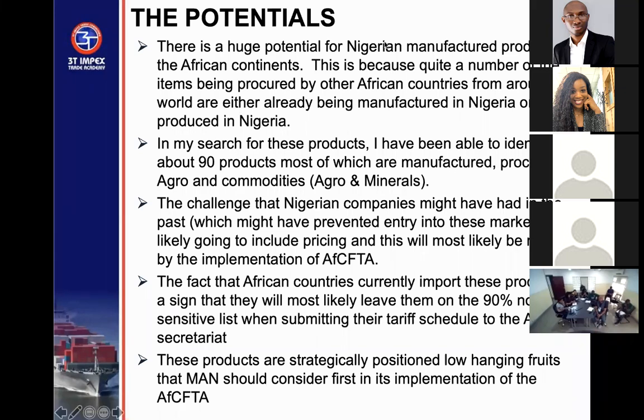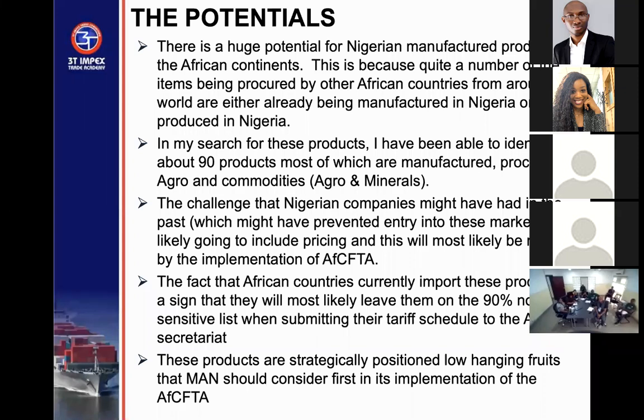This is because quite a number of the items being procured by other African countries from around the world are either already being manufactured in Nigeria or can be produced in Nigeria. In my search for these products, I've been able to identify about 90 products, most of which are manufactured goods. Some of them are processed agro products with huge potential on the African continent.